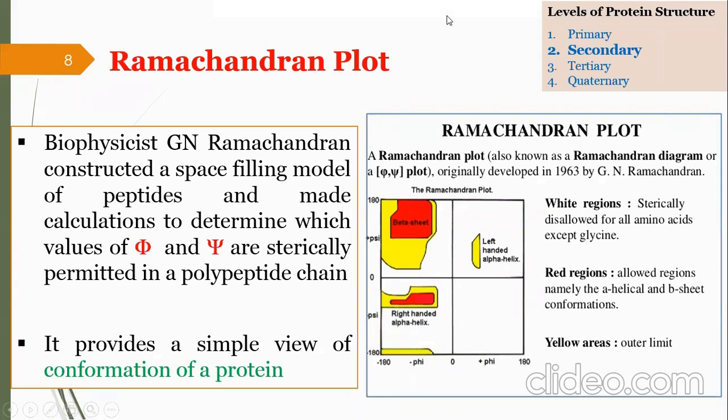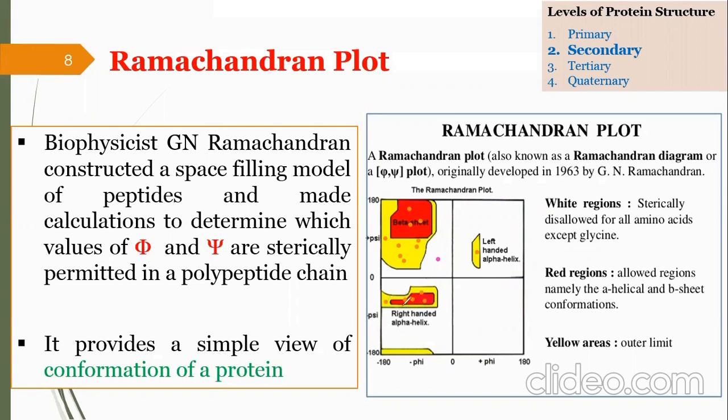If an amino acid lies in the white region, we will not accept that, because this is a disallowed region for all amino acids except glycine. So simply, it can be drawn like this. If we have an amino acid sequence, you can see a sequence here.